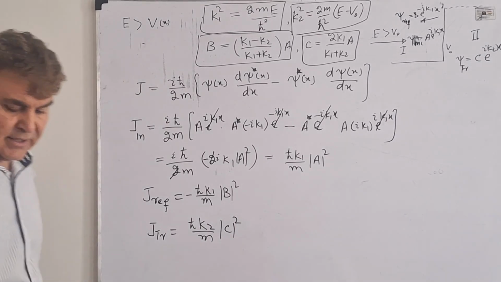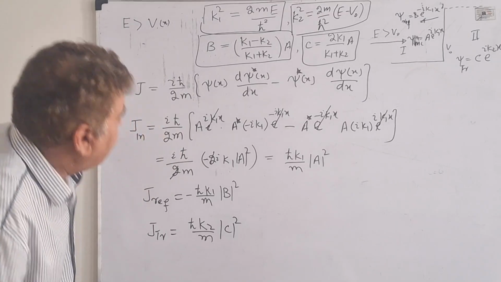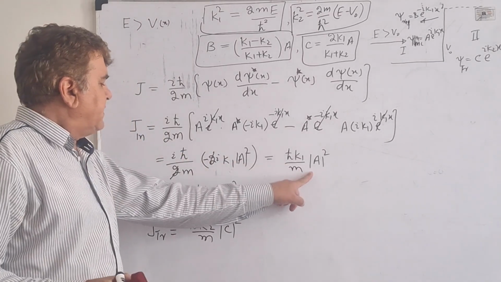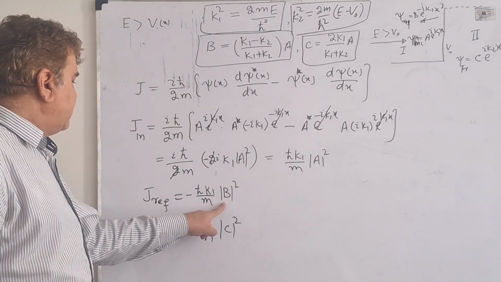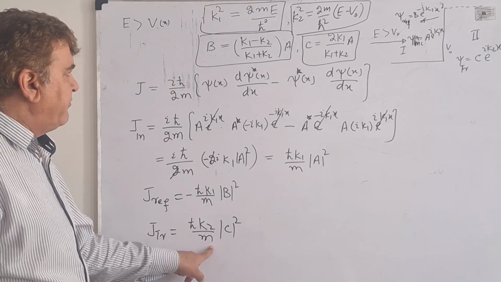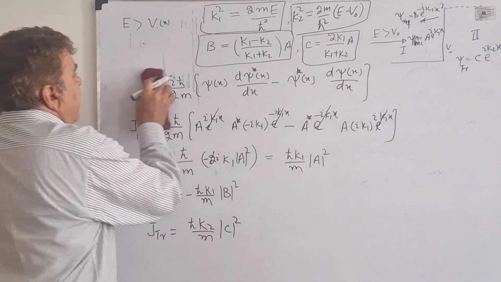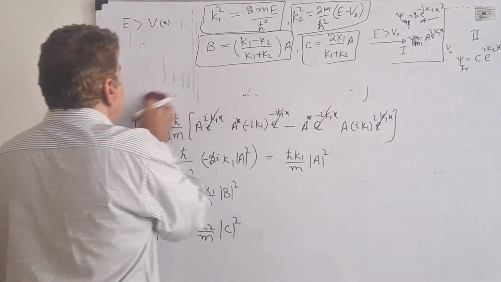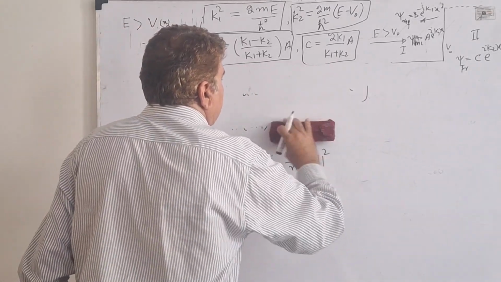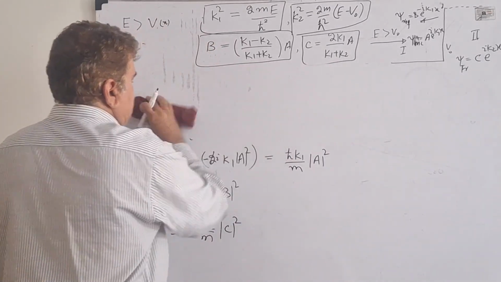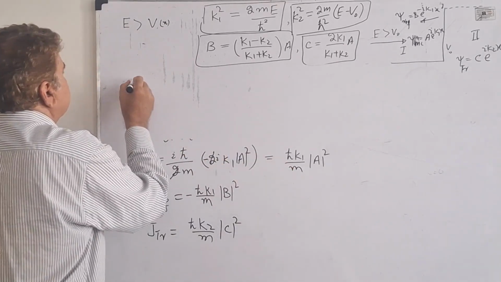So we have the probability current densities for the incident wave given by this relation, for the reflected wave given by this one, and for the transmitted wave given by this one. Therefore, I don't need this equation and I want to rub them out and just write them down.